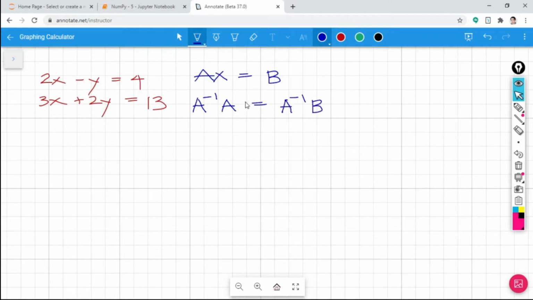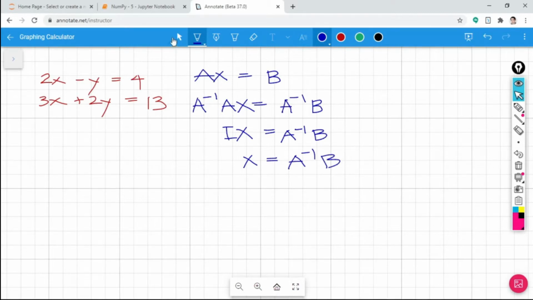As you can see here, if you multiply the inverse by the original, it will result in the identity matrix. We can denote this as identity of x. The inverse of A multiplied by b. In simple explanation, we can derive the solution by x is equivalent to the inverse of the matrix times b, which is 4 and 13.